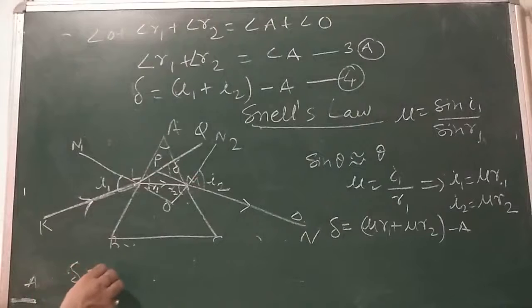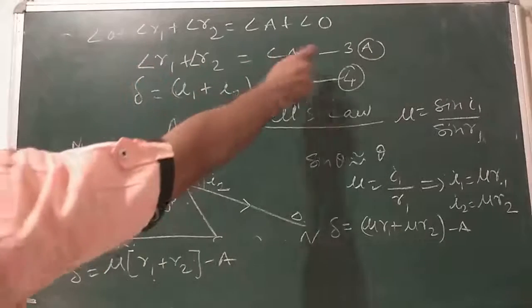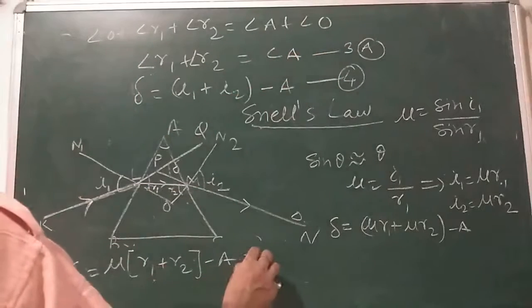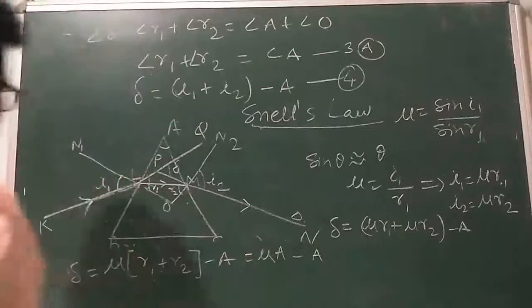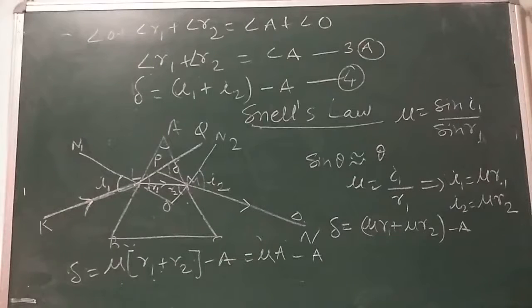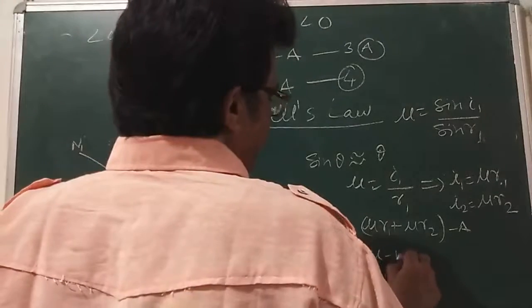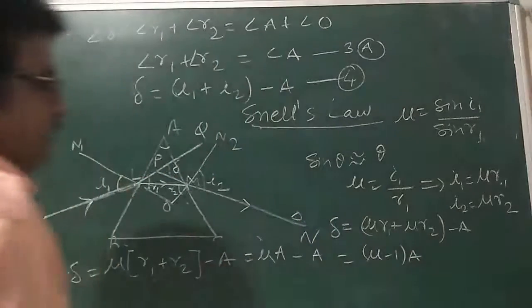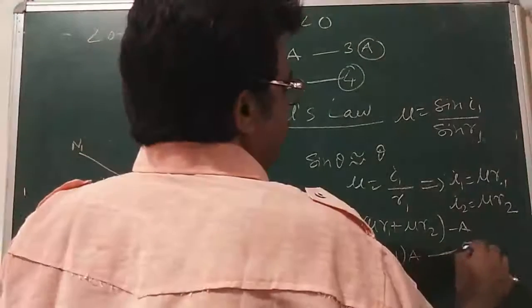So delta is equal to mu may be taken out: R1 plus R2 minus A. We have earlier seen R1 plus R2 in equation 3A, it is A. Mu into A minus A. So this comes out to be mu minus 1 into A. So this is our equation number 5.